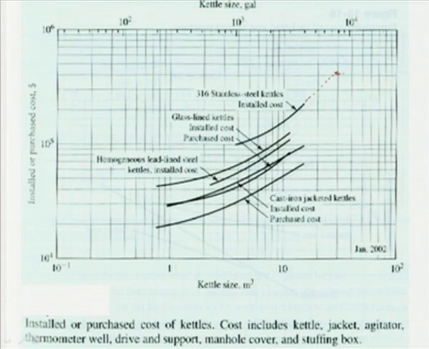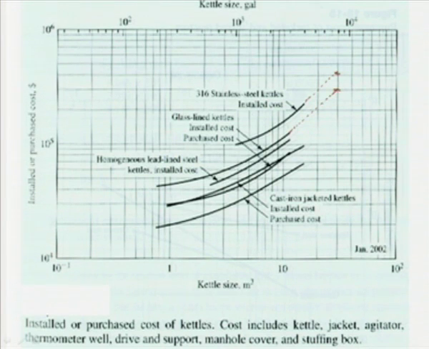Now, if this cost is not affordable, then we can choose a different material of construction. Let us say the 316 stainless steel kettles. Here is the cost of the glass lined reactor, $200,000 or $300,000, that I just mentioned.